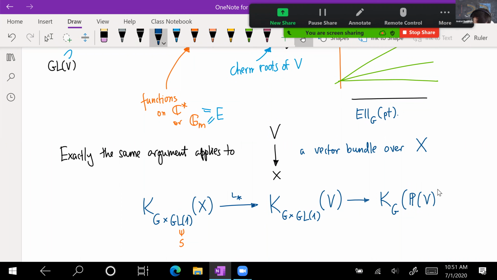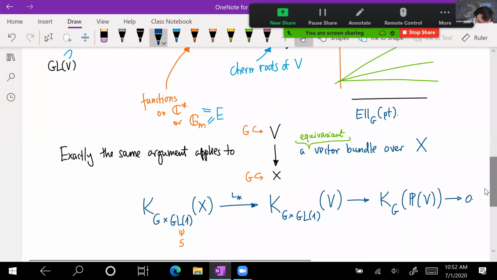But now G means some group that acts on both X and the total space, so it's an equivariant vector bundle. And so this was surjective.